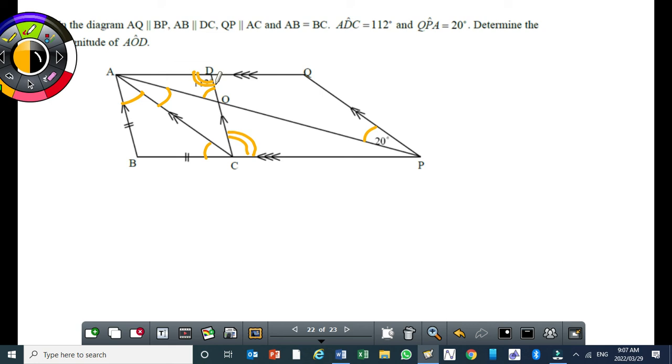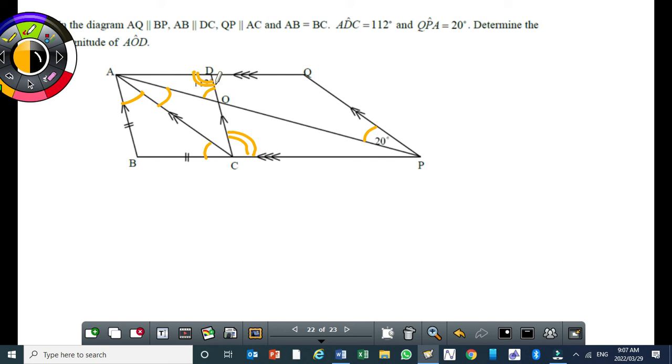My goal is to determine the size of this angle. If I can find this, then I can find that. Or if I can calculate this one here, then I can determine this angle. So how can I carry on?